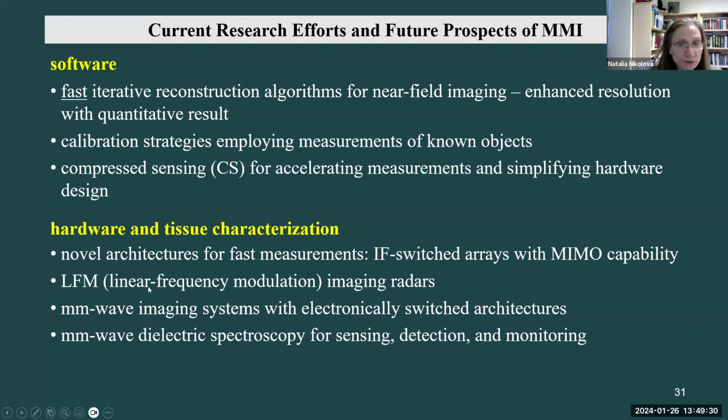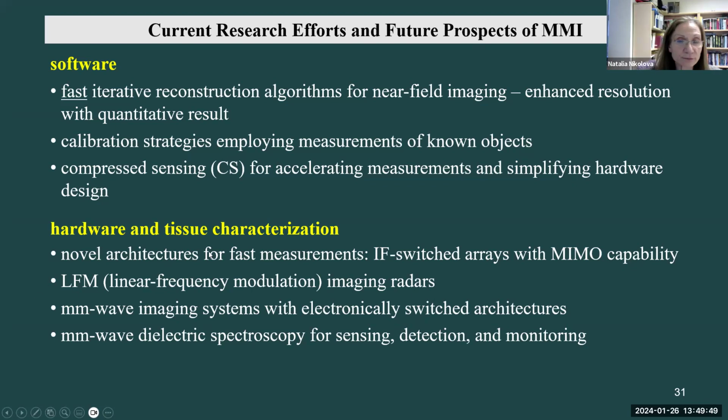Linear frequency modulated radars, while employed widely in millimeter wave imaging, including biomedical applications, are still not developed for low gigahertz range biomedical applications.